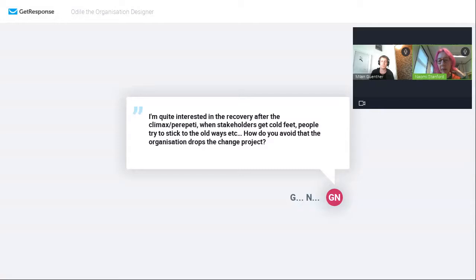And I think that is a really helpful question to start asking. At one level, you could ask, if it drops the change project, is that a poor reflection on you, or is it a reflection that the context has changed, which is why it's so critically important to keep an eye on the context.